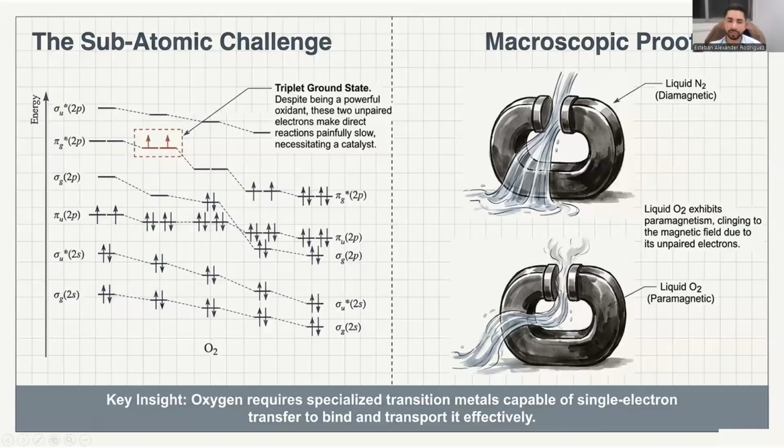Therefore, oxygen requires a specialized transport method, capable of single electron transfer, to bind and transport it effectively.